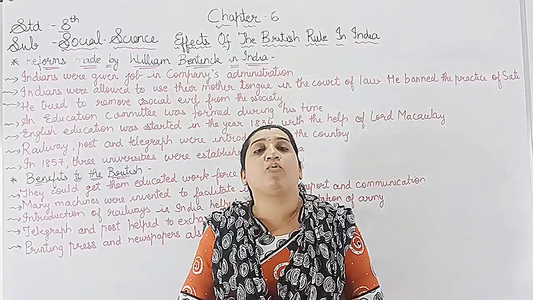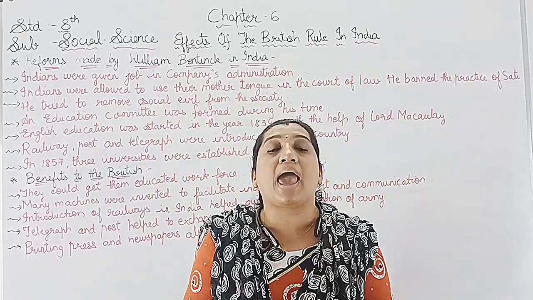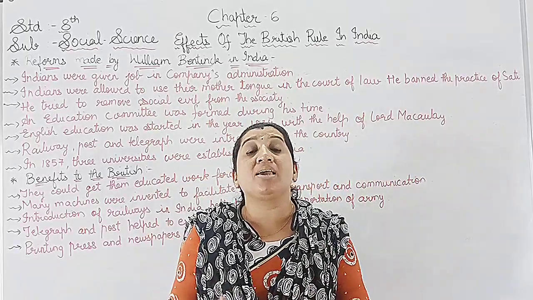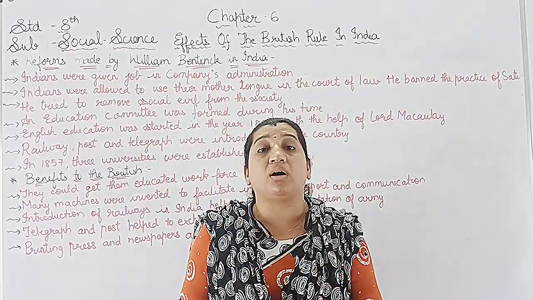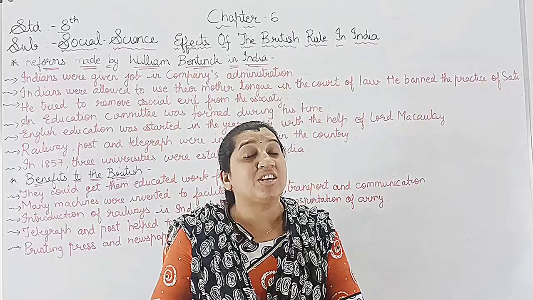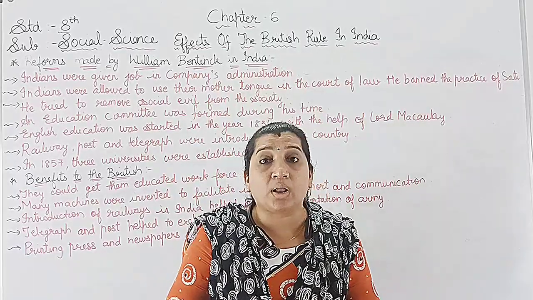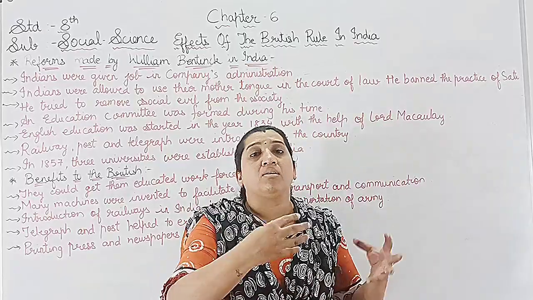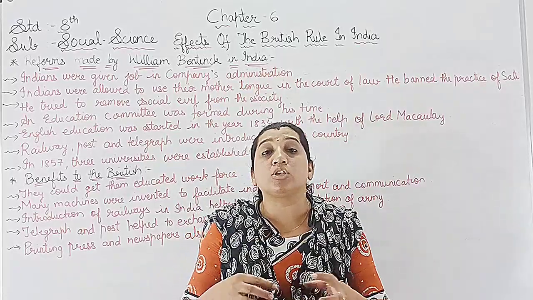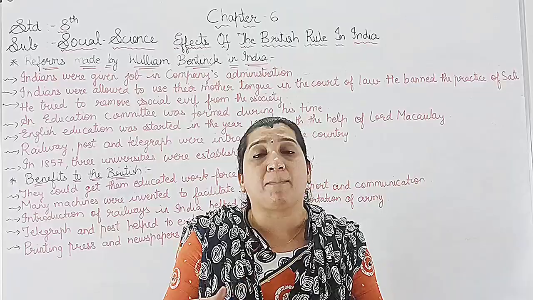Raja Ram Mohan Roy was a great reformer of India, and in his childhood he suffered from child marriage. Later on, when he grew up, his brother died, and his brother's wife was burned alive on a pyre.